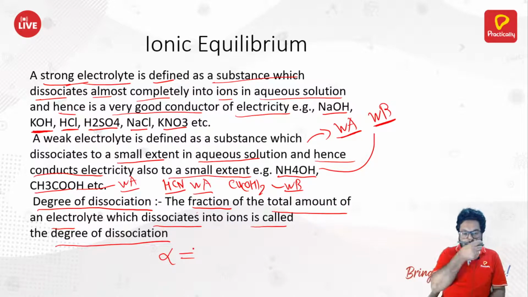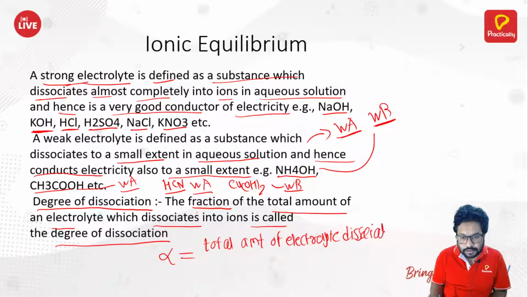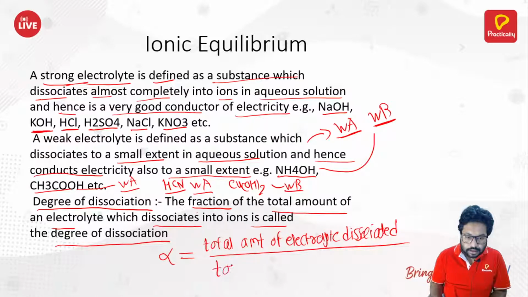Alpha is equal to the total amount of electrolyte dissociated divided by the total amount of electrolyte taken.